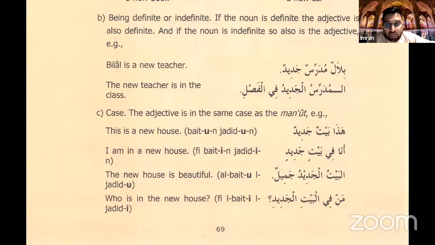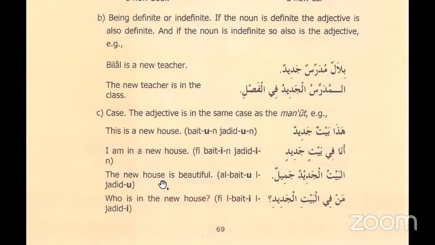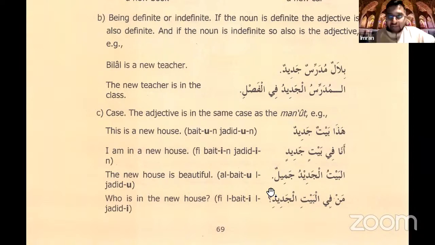As I said, the word jamilun cannot come with alif lam. If it comes with alif lam, it will end up in the same situation as al jadidu. Can you see it? So, the new house. Now let me mention something else. If I said al baytu al jadidu, it means the new house.